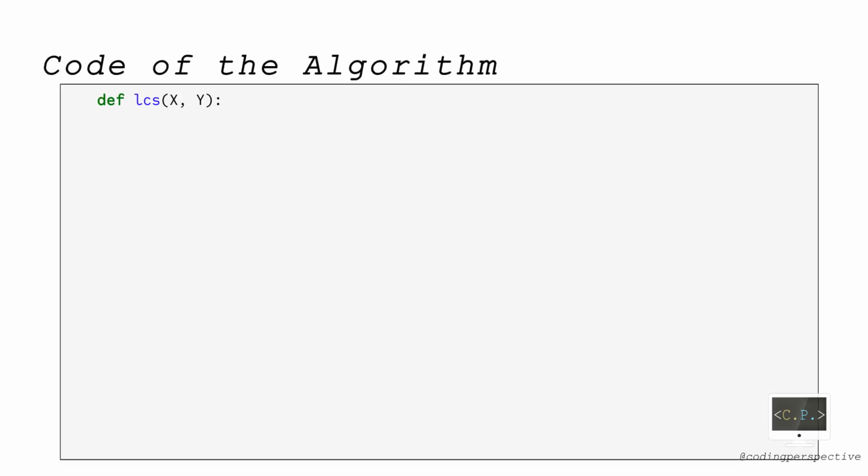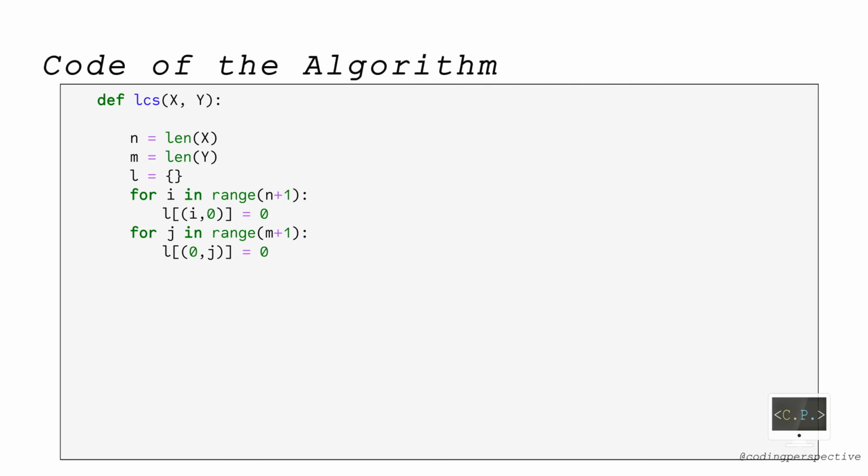Now, let's code this algorithm in Python by writing a function called LCS. The inputs of this function are sequences x and y as lists. First, we compute the lengths of each sequence, n is the length of x and m is the length of y. Then in the first step, we initialize the length L as a dictionary. We set L(i,0) to 0 for each i from 0 to n.